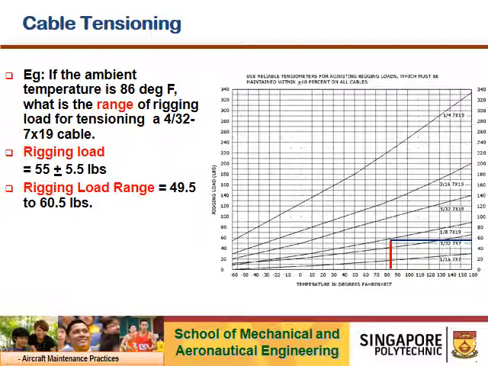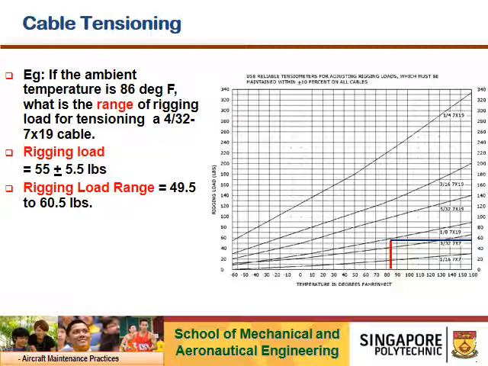Okay, this is an example of how to use the chart to obtain the required cable tension at your ambient temperature. If your ambient temperature is 86 degrees Fahrenheit, what is the range of rigging, for example, for 4/32 diameter 7x19 cable?